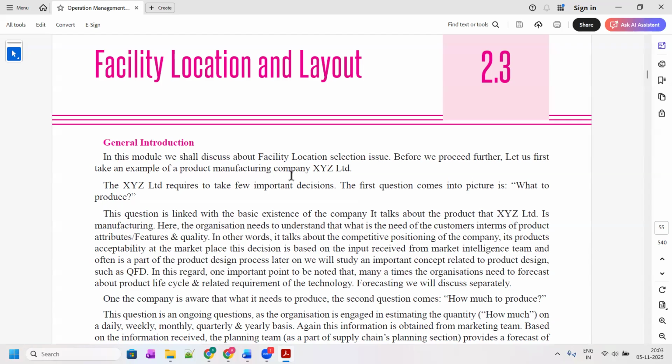And then we saw why we need a facility location. If we are starting a new business or expanding into a new market, we will need to expand the facilities. Or if we are increasing the production, in that case also we need a facility location.